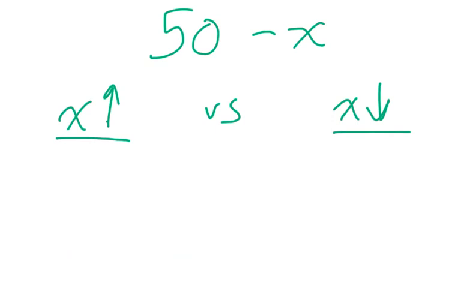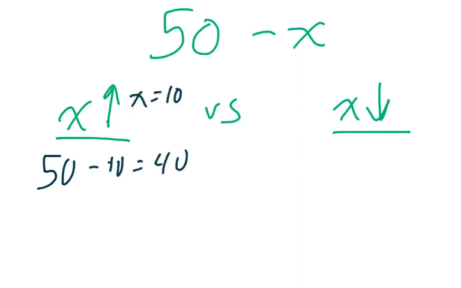Now this one's an interesting one. You have 50 minus x, and we want to know what happens when the value increases for x and what happens when the value decreases for x. As the value increases, let's say x is 10 to start with. 50 minus 10 is 40.